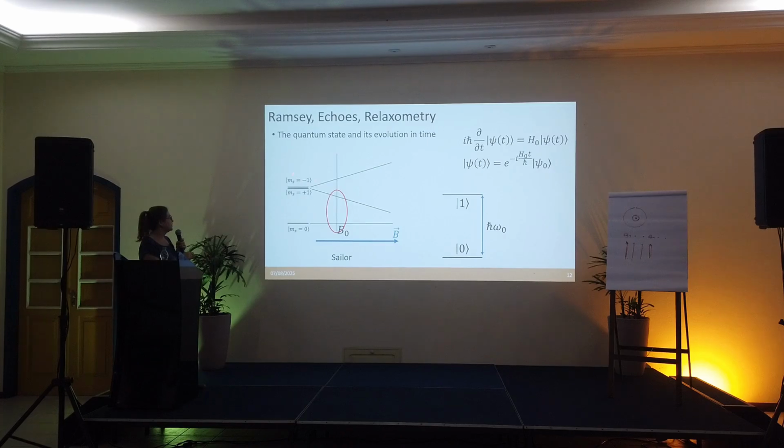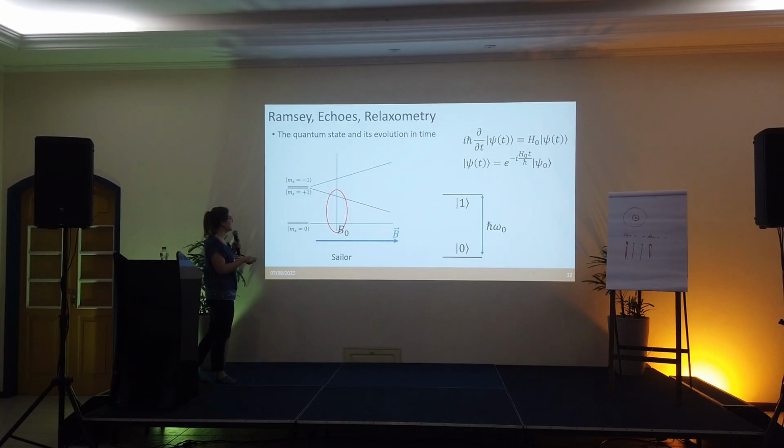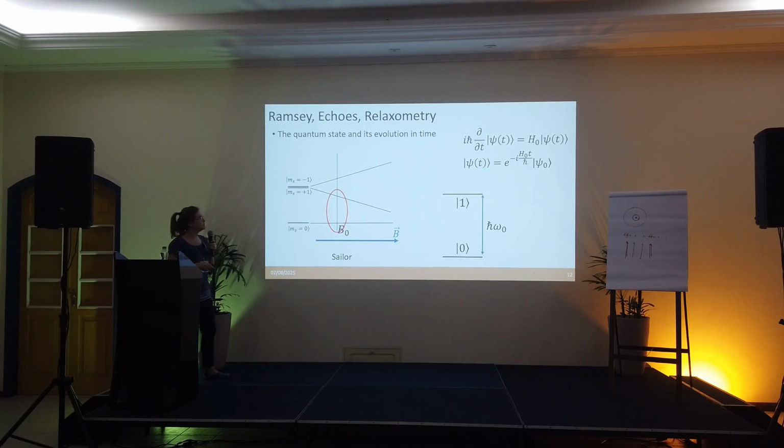Right? So I can take my spin 1 system over here, I apply a magnetic field, so I break this degeneracy, and now I focus on only 2 of its quantum states, right? So this is my qubit, and those are the states that I'm concerned about for the rest of today, right?